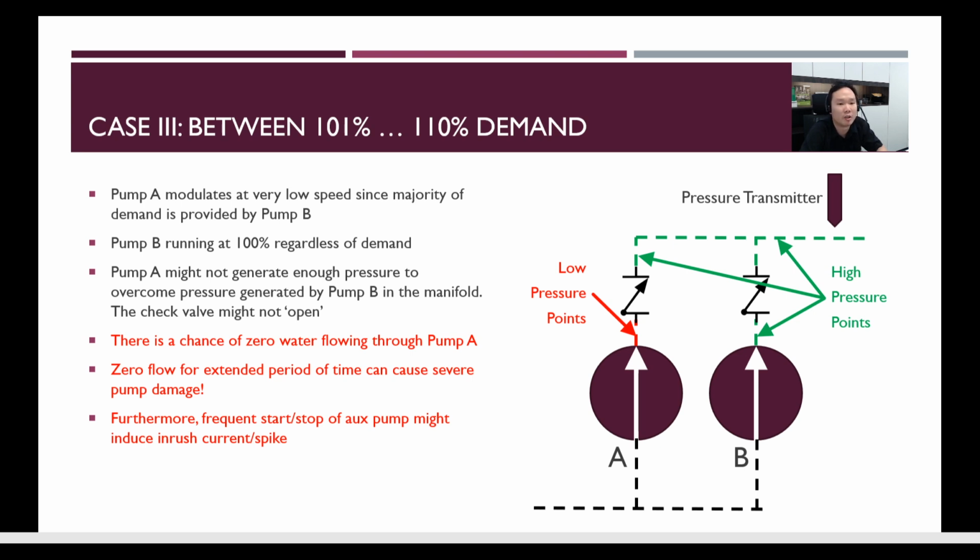Let's say it fluctuates between 90% and 110%, you're going to have a very bad system where things are kicking in and then there's no water flowing through. Right, so this is a typical situation. It might happen. So what do we do to take care of this problem?